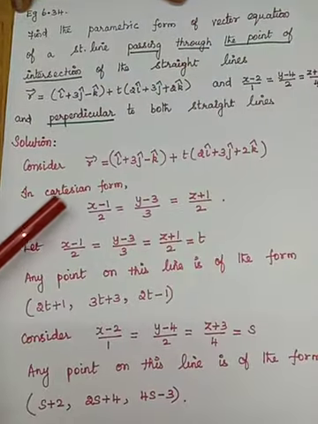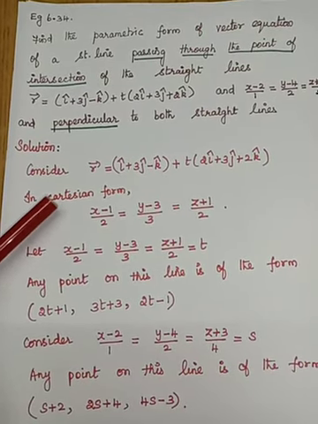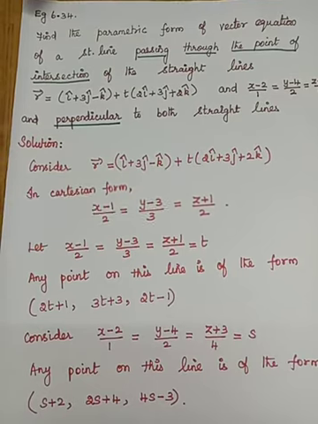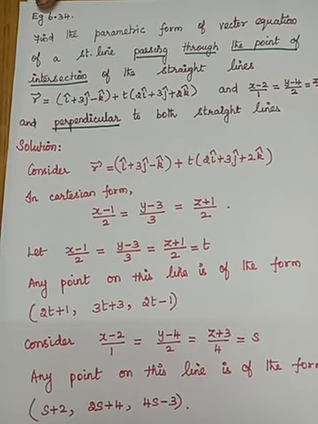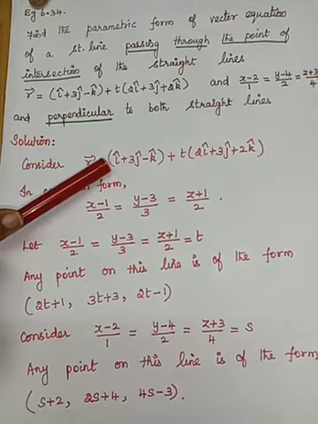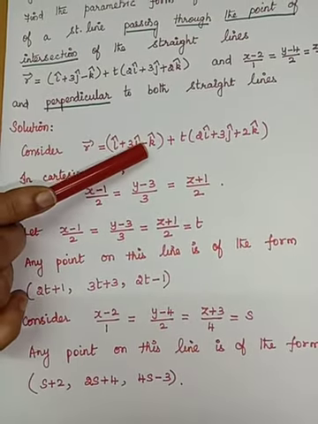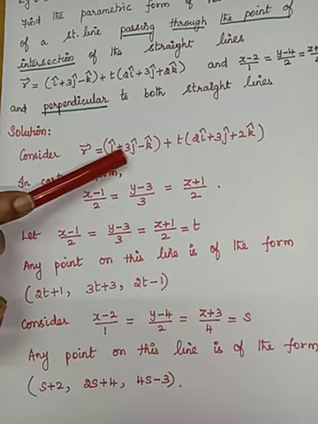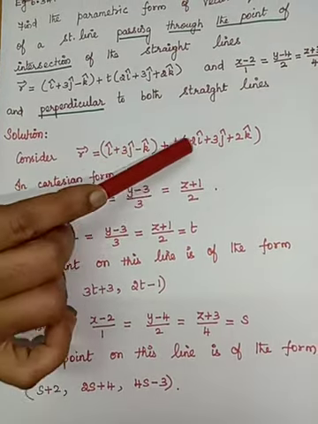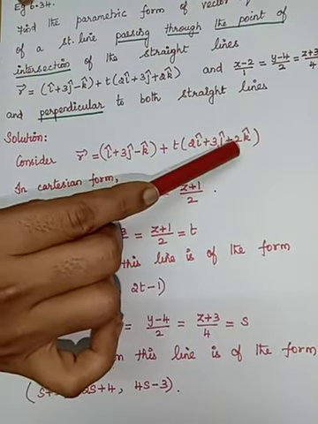In Cartesian form, the equation is (x - x1)/b1 = (y - y1)/b2 = (z - z1)/b3. Here x1, y1, z1 is 1, 3, -1, and b1, b2, b3 is 2, 3, 2.